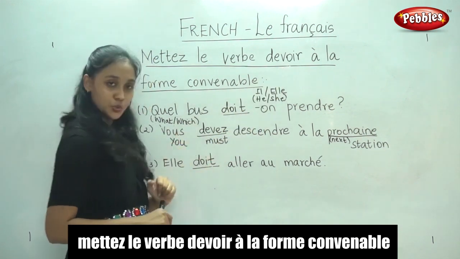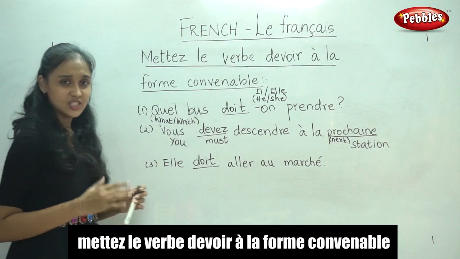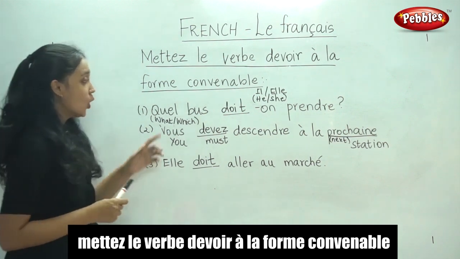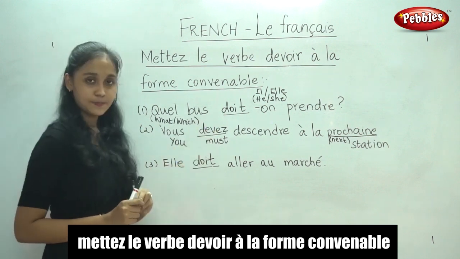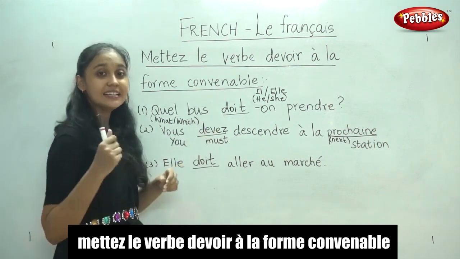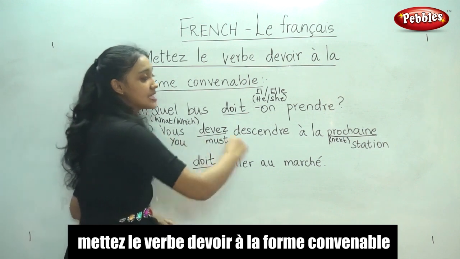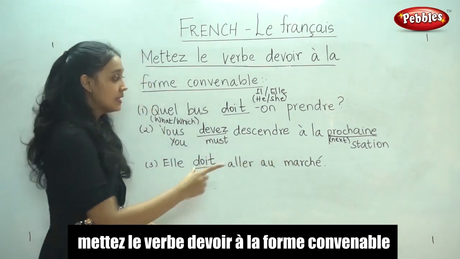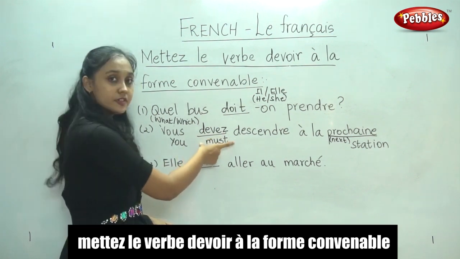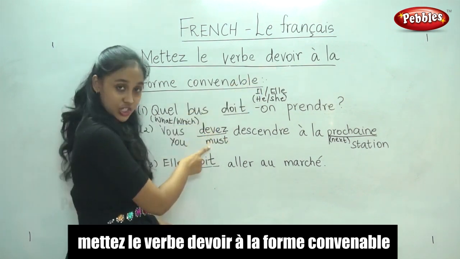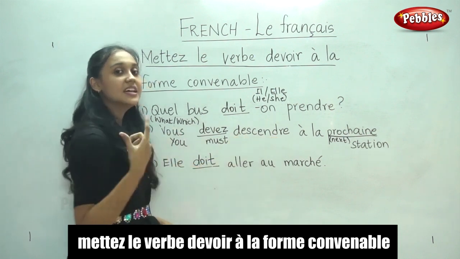It is doit. And one thing in general that you need to note is when a single sentence has two verbs. What are the verbs? The verbs are the action words. So, when a single sentence has two verbs, the second verb is in the infinitive. The first verb alone is conjugated and the second verb is in the infinitive.